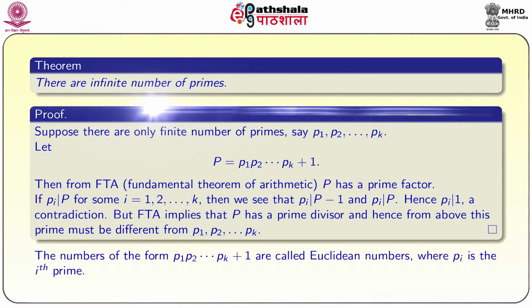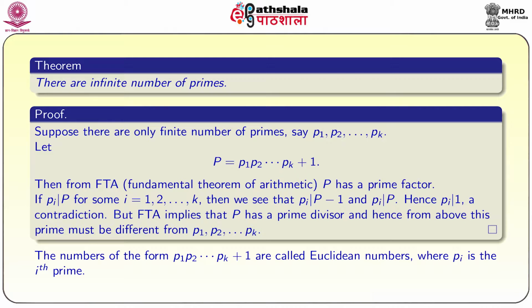Then pi also divides P minus 1, because P minus 1 is nothing but p1 into p2 and so on pk. Since pi divides P minus 1 as well as P, hence pi divides 1. So, this is a contradiction.